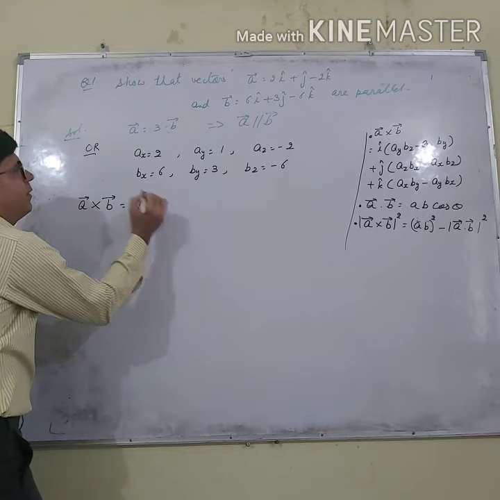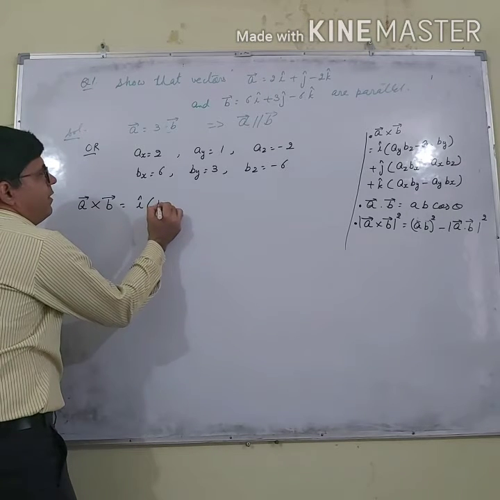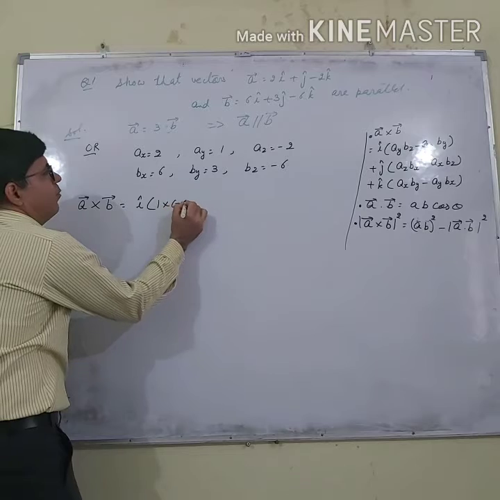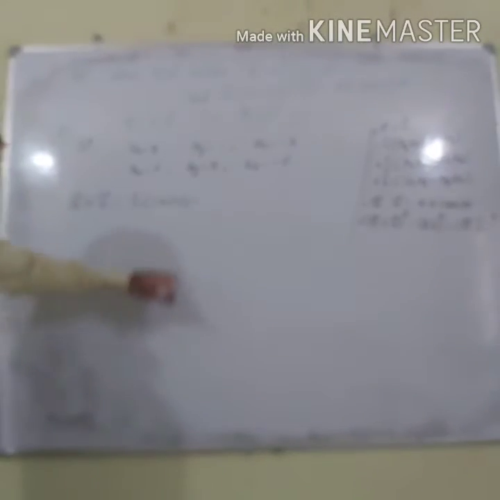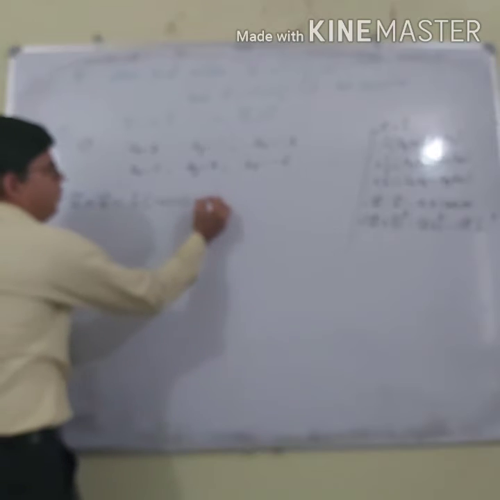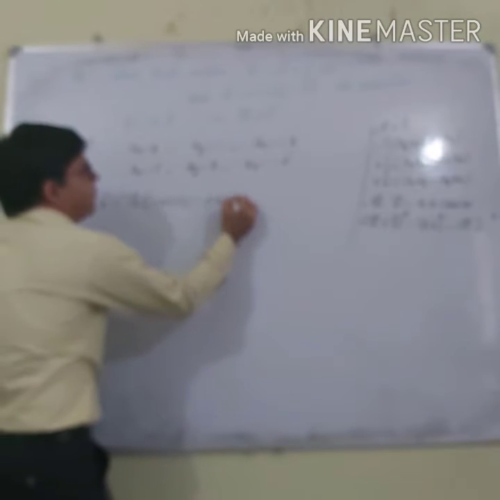I cap: what is AY? 1. And what is BZ? Minus 6. Minus AZ, which is minus 2, and what is BY? 3.